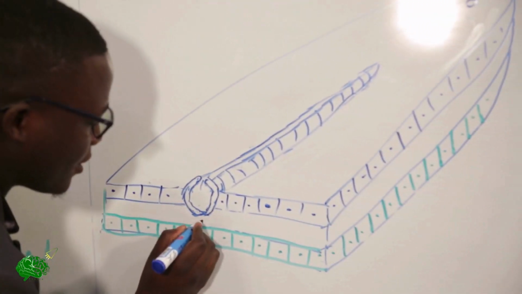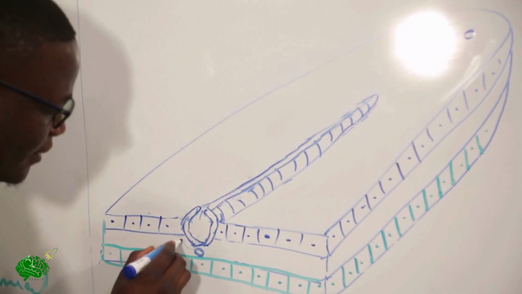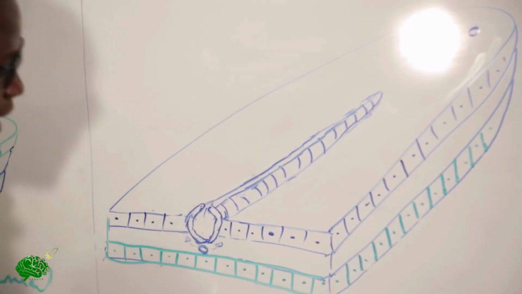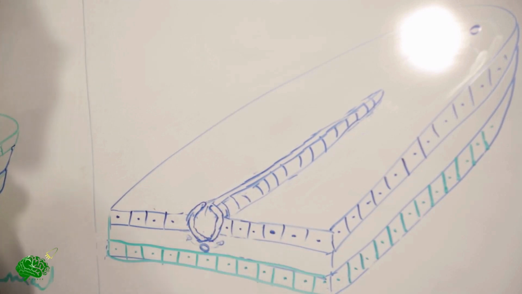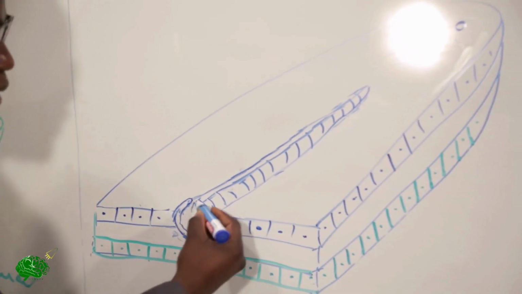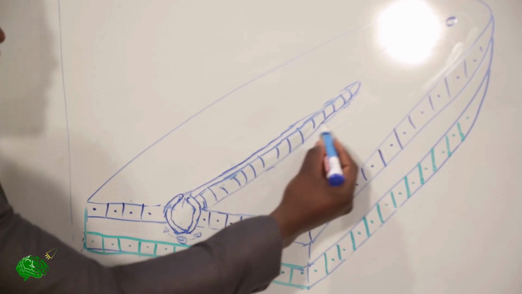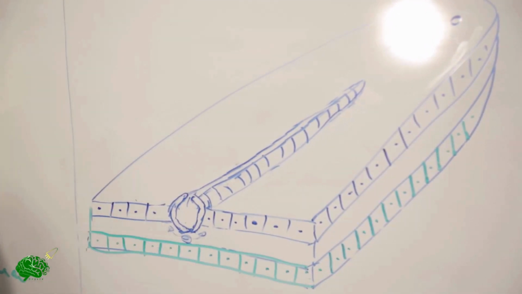As this is our notochord, as I said already, secreting what? Growth factors. And these growth factors cause the cells which are overlying the notochord to proliferate to form neuroectodermal cells, which thicken to form what we call the neural plate.